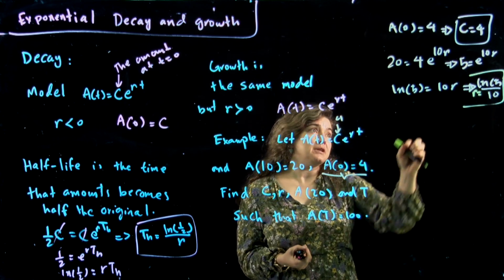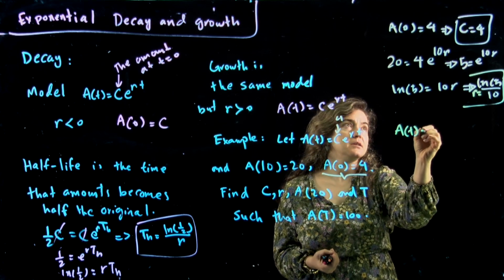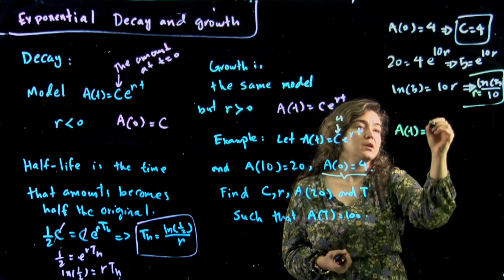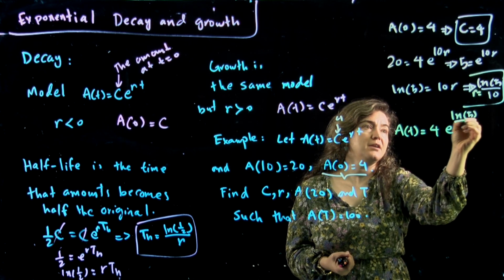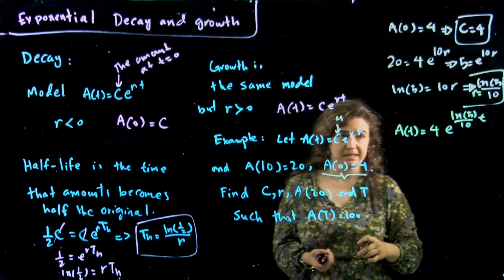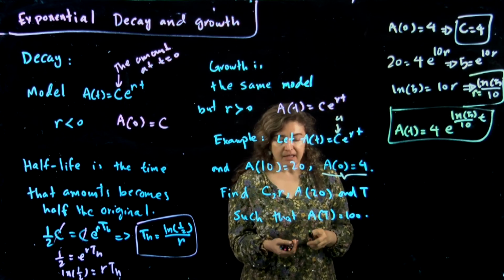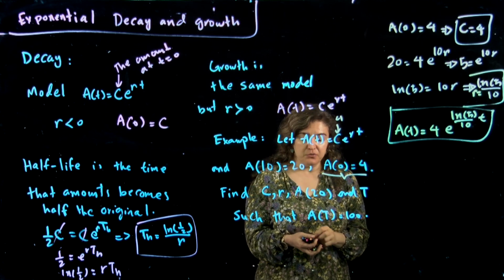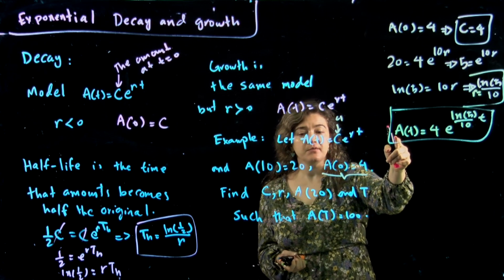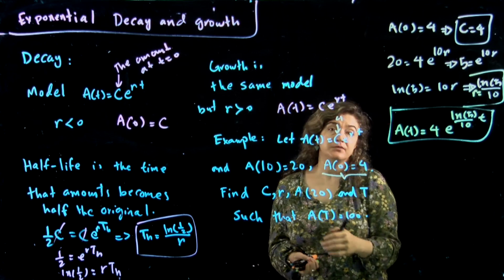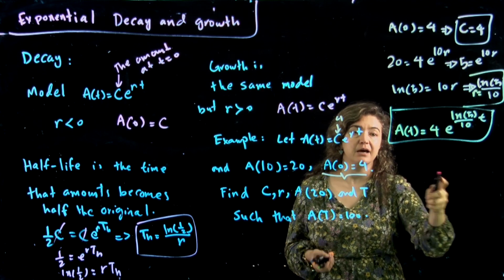Let's rewrite the model. Now that I have r and c, I'm writing a of t is equal to 4 e to the power ln of 5 divided by 10 times t. Okay. The next thing to do is use this piece of information to find a of 20, because now I have a model. I can plug in 20 and get something out of it.